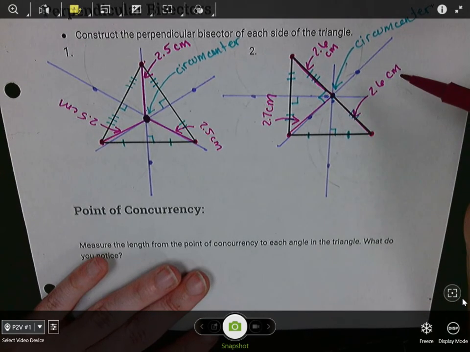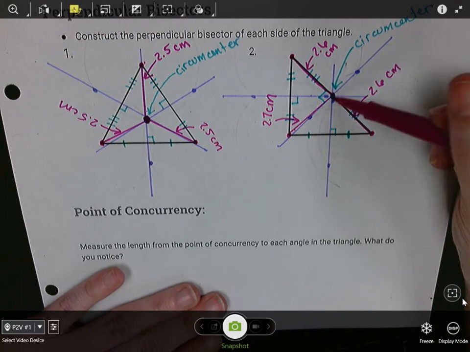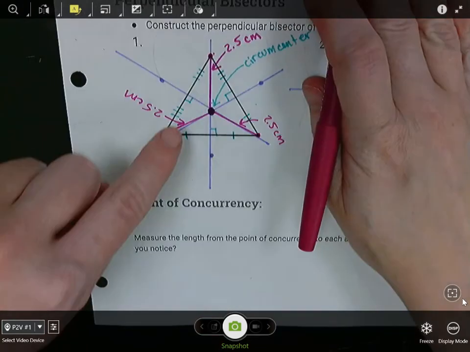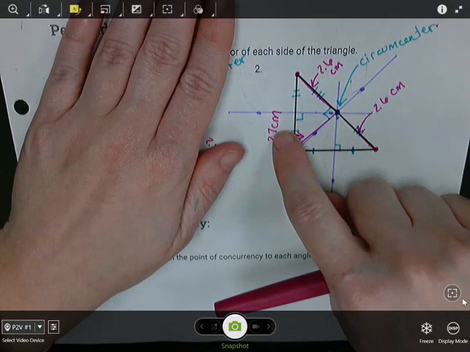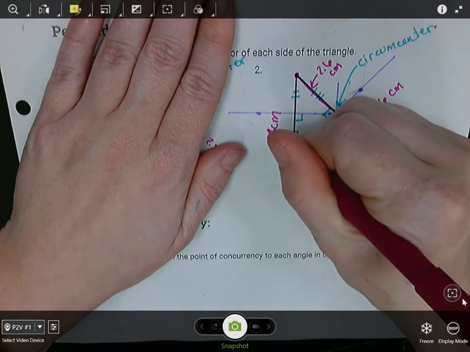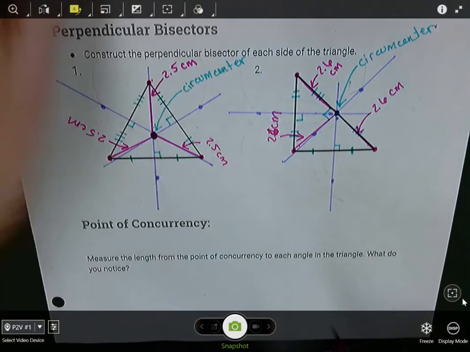What do you notice about the length from the circumcenter to each angle of the triangle? They're close to each other. What do you notice about all three of these? It's all the same length. This one here was off a little bit, so let's put 2.6. They're all the same length.